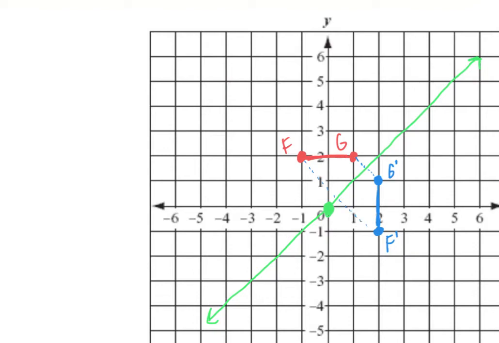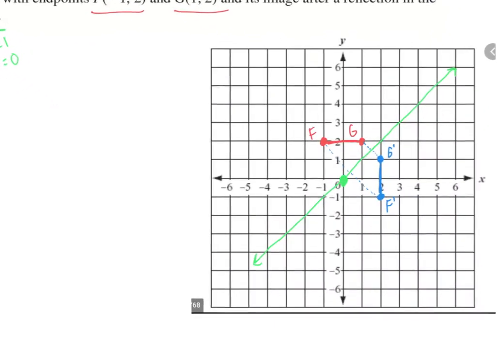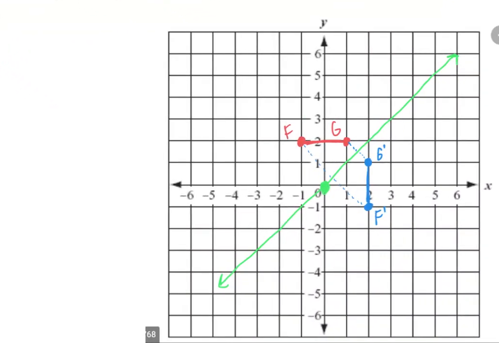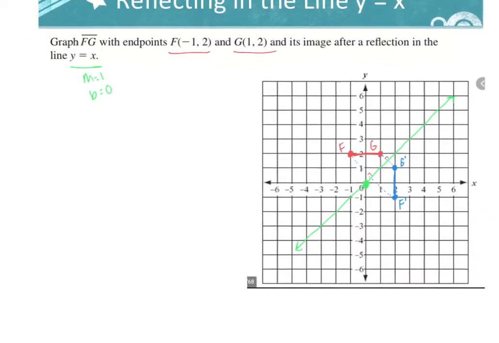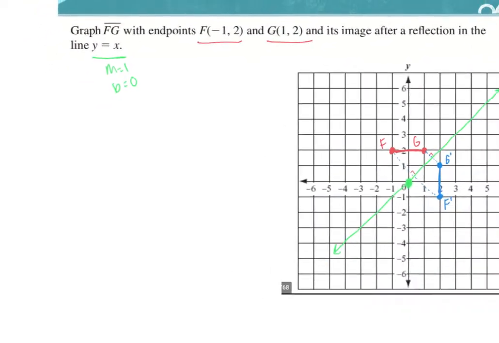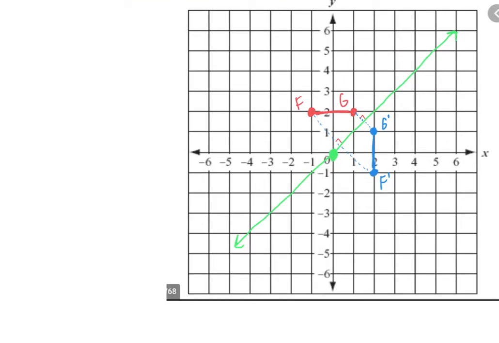Perpendicular, perpendicular. Now, what you have to think about is, how did we actually find this? We thought of a perpendicular line here and a perpendicular line here. The slope of y equals x is 1, so the slope of our lines, these two right here, is going to be m equals -1.